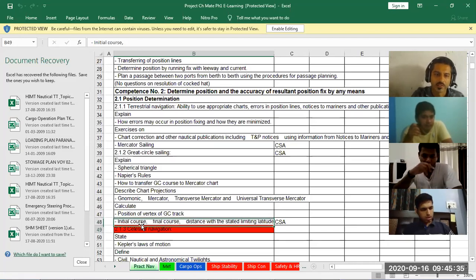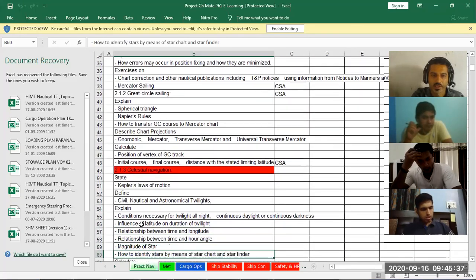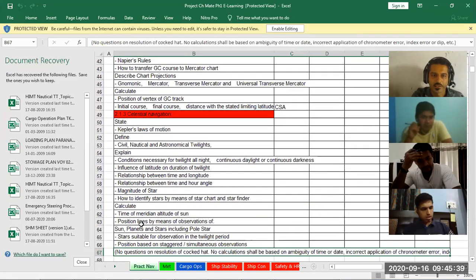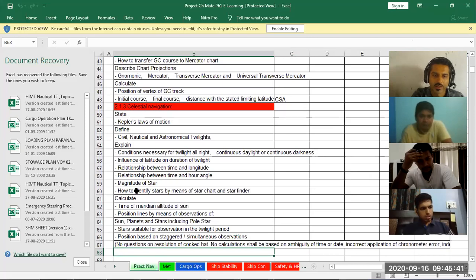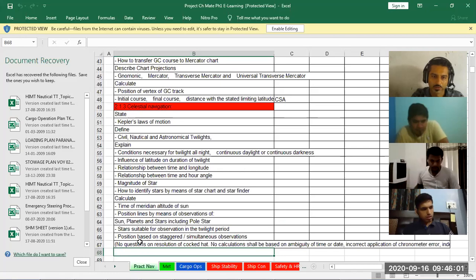Then celestial navigation, Kepler's laws, astronomical position line, twilights, conditions necessary for twilight, influence of latitude on duration of twilight, relationship between time and longitude, time and hour angle, magnitude of star, how to find stars, latitude by meridian altitude, position lines by means of observation of sun, planets, stars, and pole star, stars suitable for observation and twilight, position based on staggered simultaneous observations.